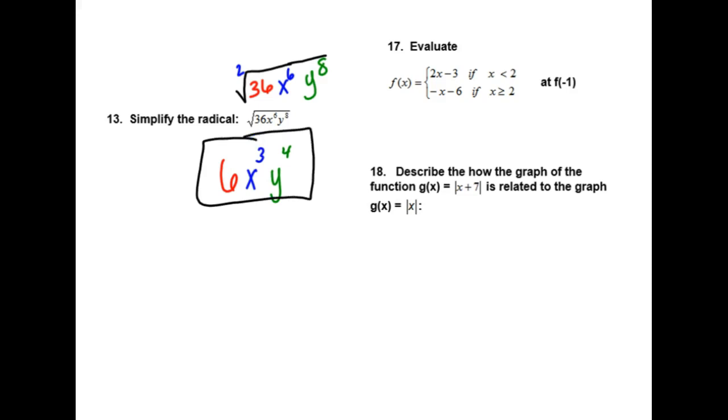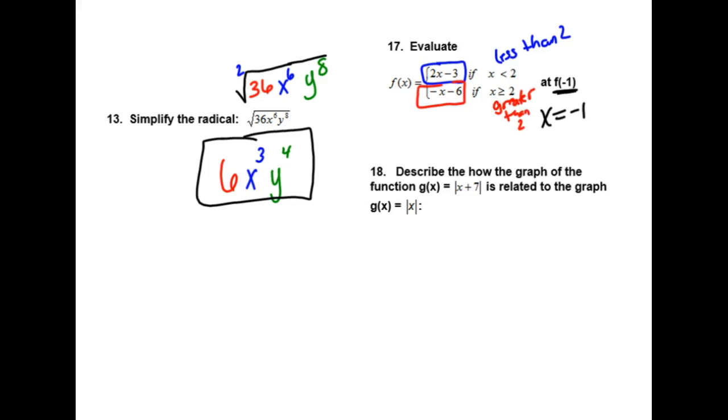Oh boy, piecewise. Okay, so you have a piecewise function, and they want you to evaluate f of -1. That means you're going to plug in x equals -1. However, you have this top function that you only use if your x is less than 2. And then this bottom function here, you would only use if your x is greater than or equal to 2.